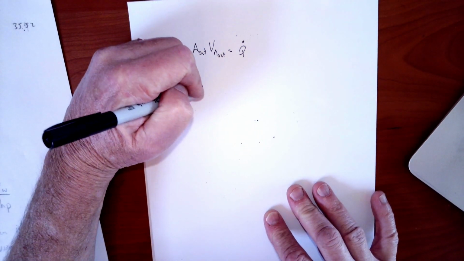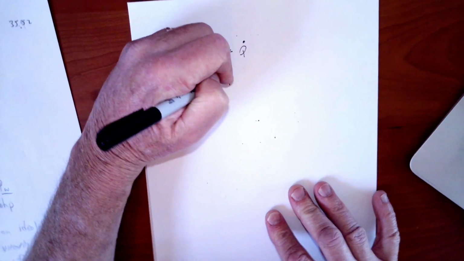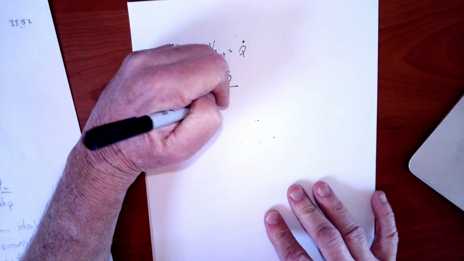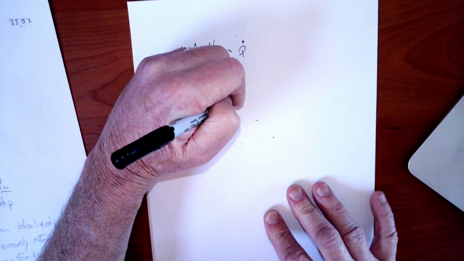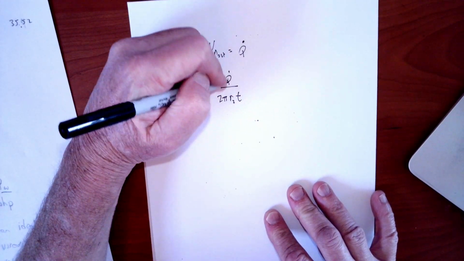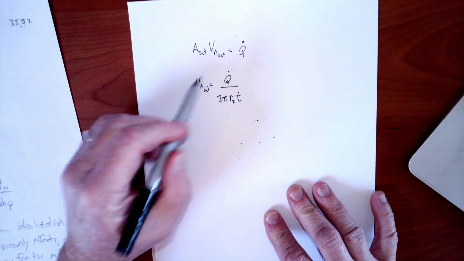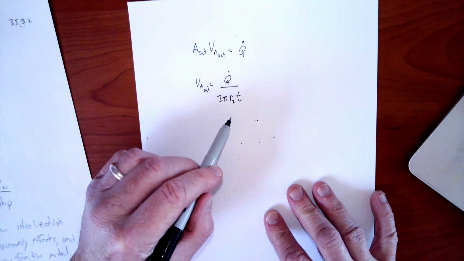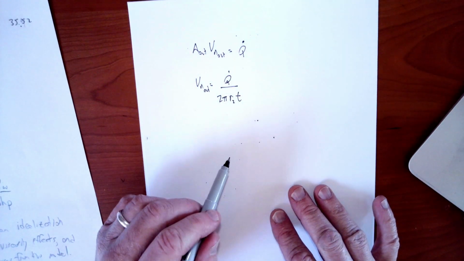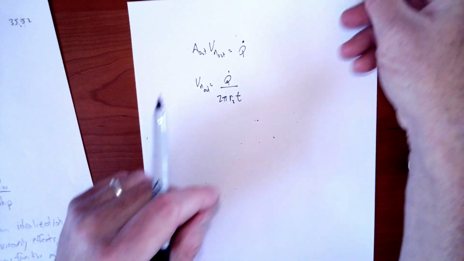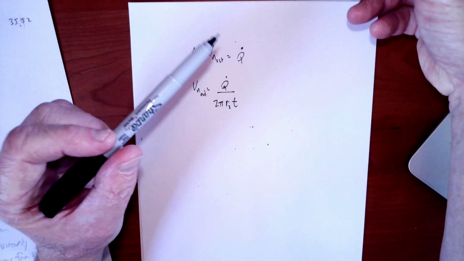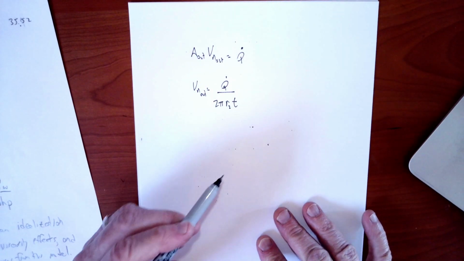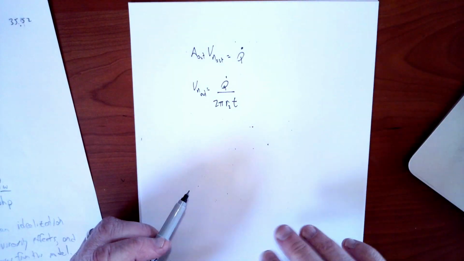So Vn at the outlet is equal to whatever that volumetric flow rate is divided by 2 pi times the radius of the outer edge of the blades times the thickness of that. So that lets you get Vn out, and that therefore lets you get Vt out, which you need because you need Vn out to get Vt out. Once you have Vt out, of course, then you can get the water horsepower, as we already showed.